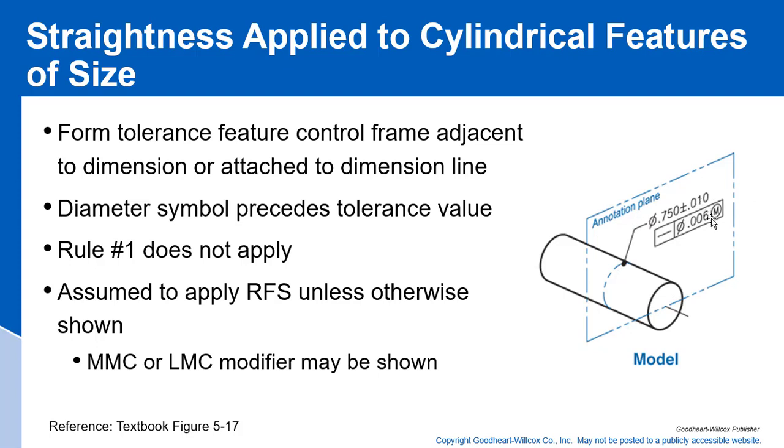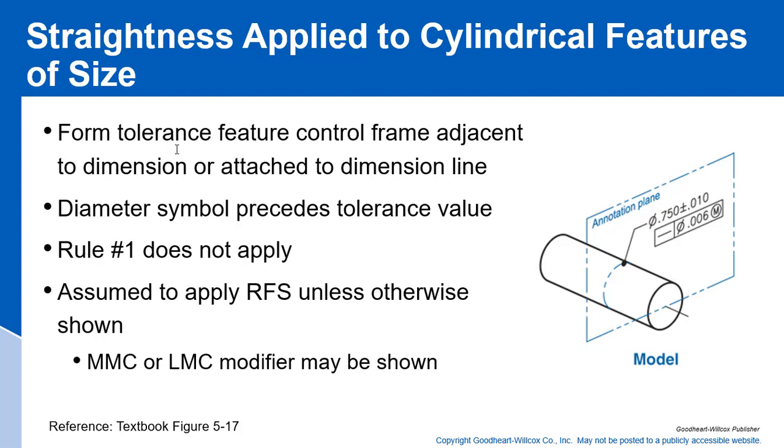You put the diameter, and then you put the feature control frame directly underneath the dimensional callouts for that feature of size. That's how you know that this feature control frame applies to a feature of size and not a surface.